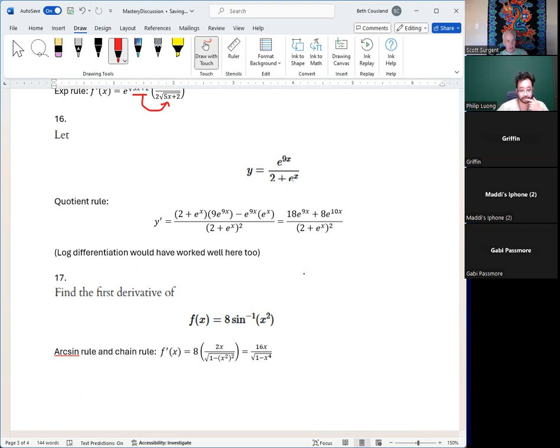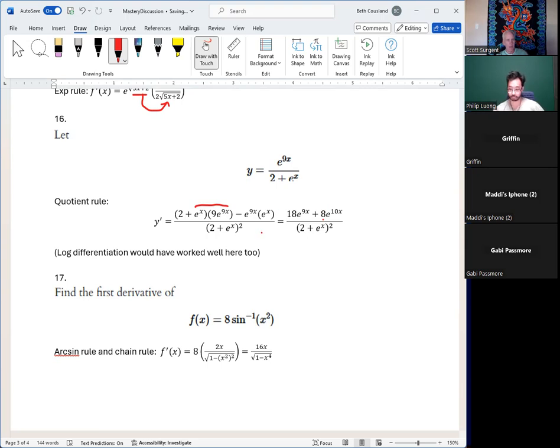You have bottom, 2 plus e to the x, times derivative of top, minus the top, e to the 9x, times derivative of the bottom, which is just e to the x. And then I distributed here, you get 18 e to the 9x. Here you get 9 e to the 10x. And then you get negative e to the 10x. That's actually 8 e to the 10x. That's where that came from. And leave the bottom alone.